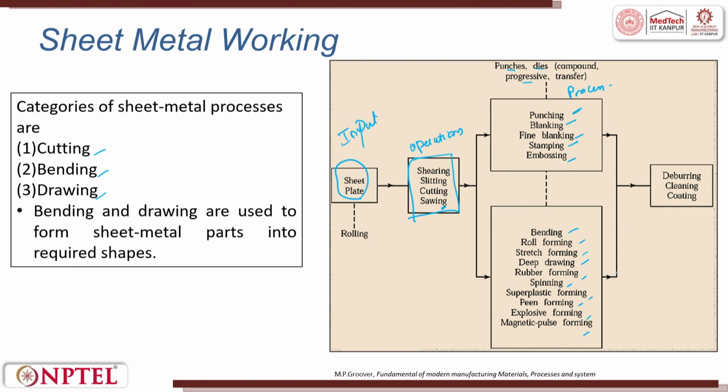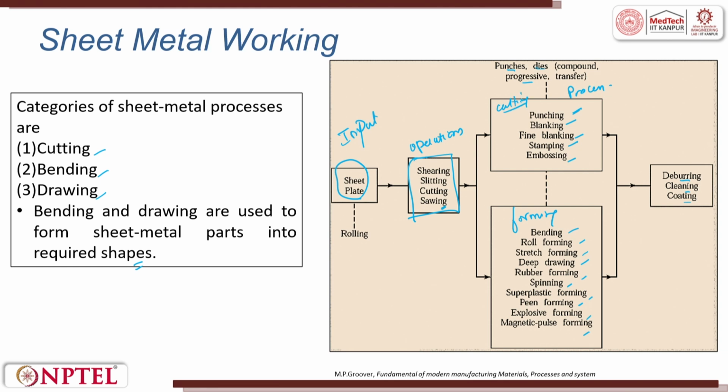Once the operation is over, we have to do a post processing operation which can be either deburring, cleaning or coating. So, these two are the processes which we will see in detail. Bending and drawing are used to form sheet metal parts into a required shape. So, all these are forming processes, and here, these are cutting processes.